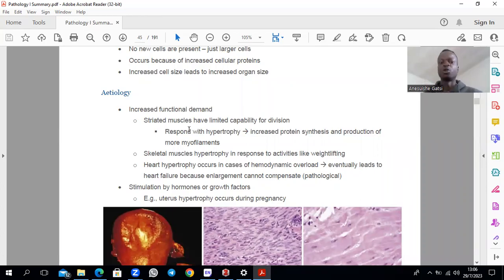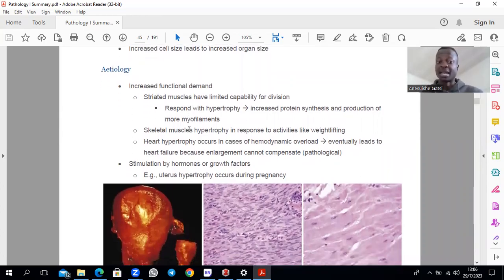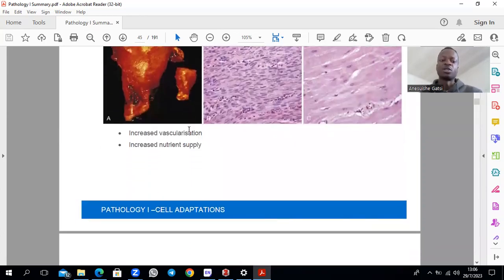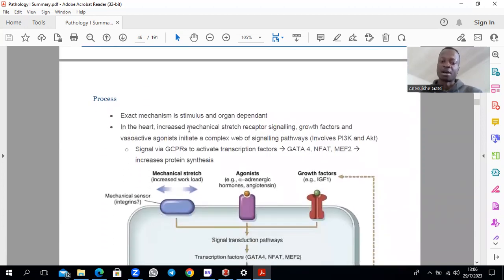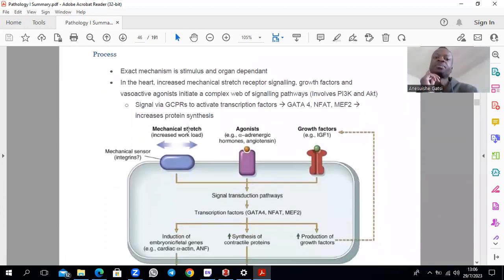Other examples you can read through there. I would rather talk about the mechanisms that happen for us to have hypertrophy, right? So the mechanism is stimulus and organ dependent, meaning it's not going to be the same for all the organs, right? But the basis, what's governing hypertrophy, is an increased production of proteins within the cell.